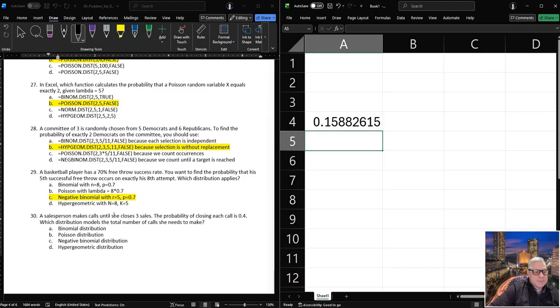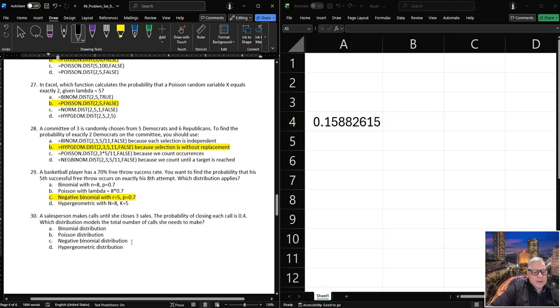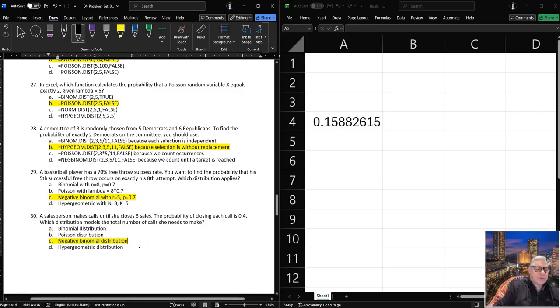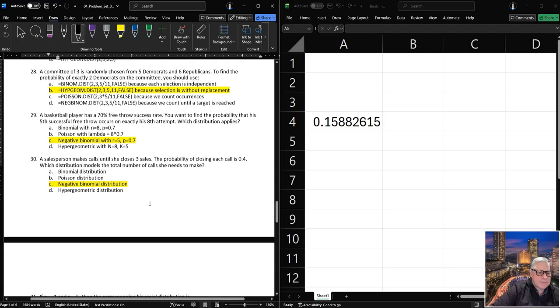That is also the negative binomial, because before she makes 3 sales, there's a certain number of calls that fail or do not translate into a sale. So it's concerned with failures until you obtain a certain number of successes.